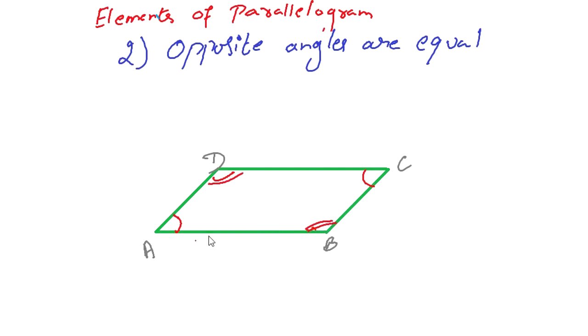So angle A is equal to angle C and angle B is equal to angle D. This is the second law for a parallelogram. That is, A and C are opposite angles, therefore they are equal. And in the same way, angle B is equal to angle D. Because these two are opposite, they are equal. So this is the second law of a parallelogram: the opposite angles are always equal.